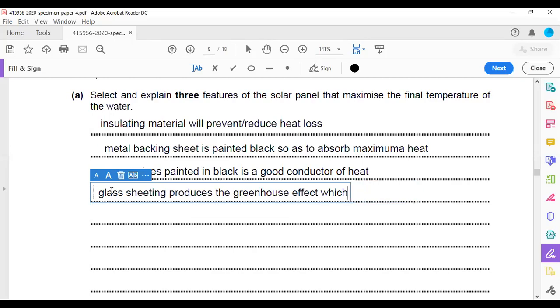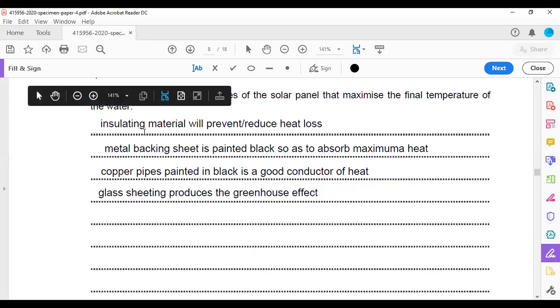With the greenhouse effect, it blocks the short wavelengths and allows the long ones to pass through. So they block off some of the radiation and allow some to go. You can just leave it as that it produces the greenhouse effect. They ask you for 3, I give you 4, just in case. We can move on now.